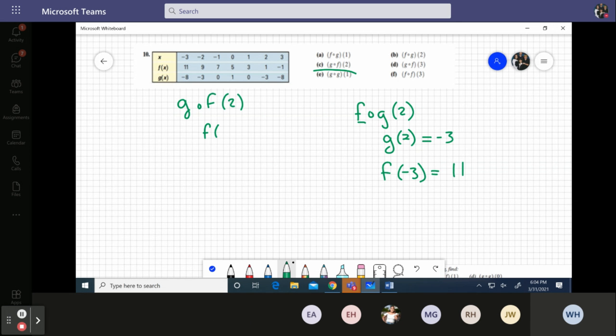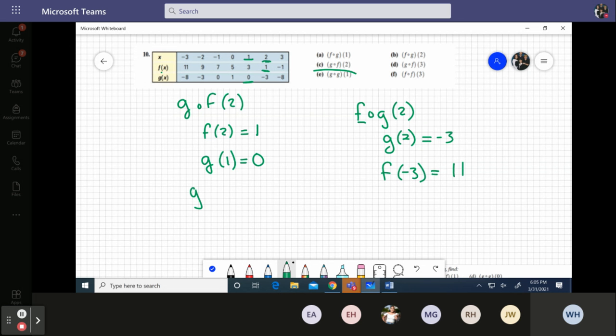So f of 2, when x is 2, f of x is equal to 1, right? So that's my inside. I'm going to take the inside and do g of 1. So when x is 1, g is 0.